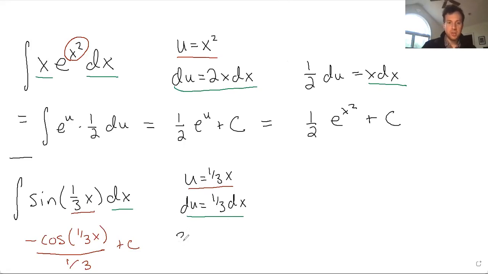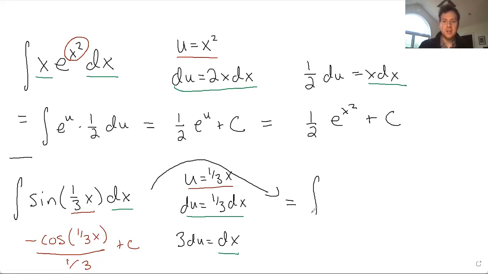So multiplying both sides by 3, we get 3 du equals dx, and now we have just dx, which is the other thing that shows up in our integral. So making these replacements, dx becomes 3 du, and sine of 1/3 x becomes sine of u.